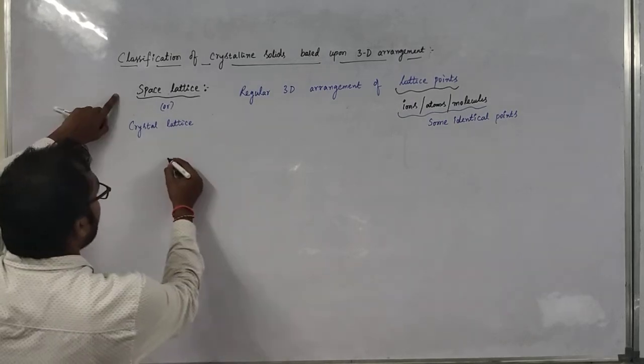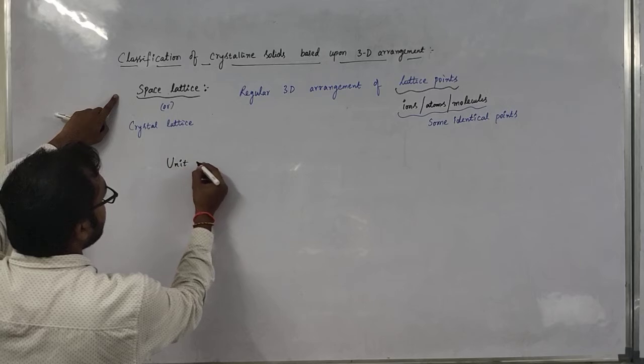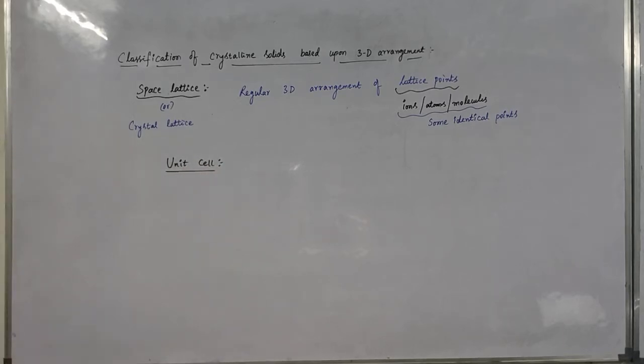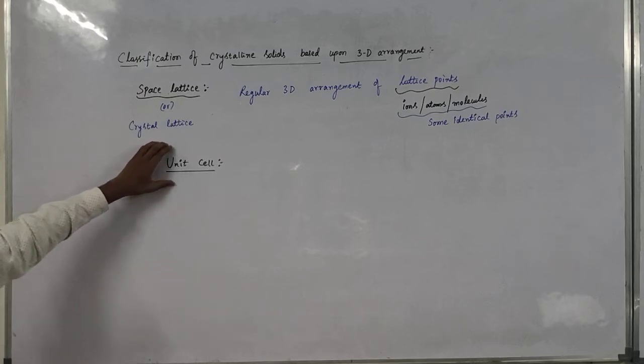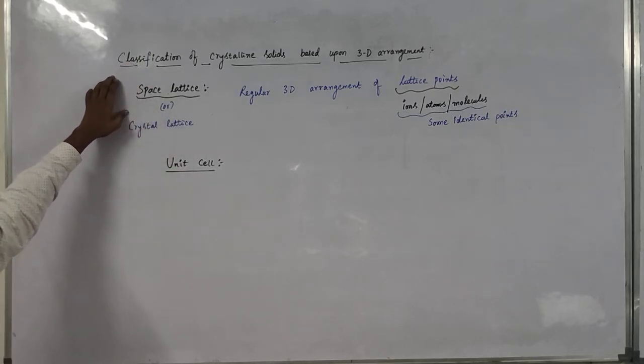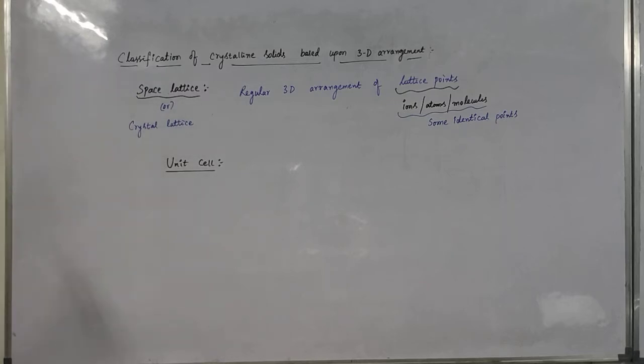Here we need to understand another term called unit cell. Repetition of this unit cell produces space lattice. Now define what is a unit cell.